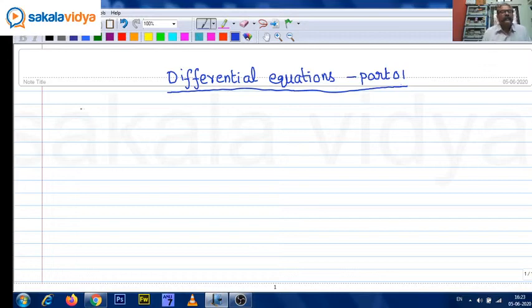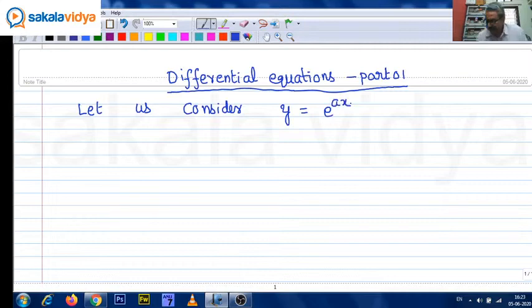So first let us consider y is equal to something e power ax. Just an example. So differentiate both sides with respect to x.